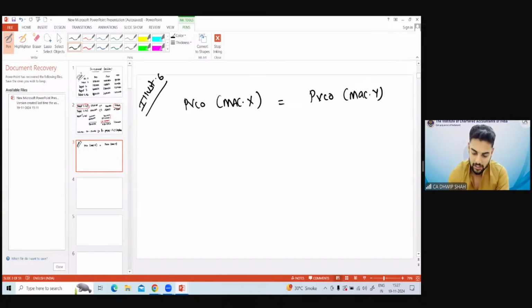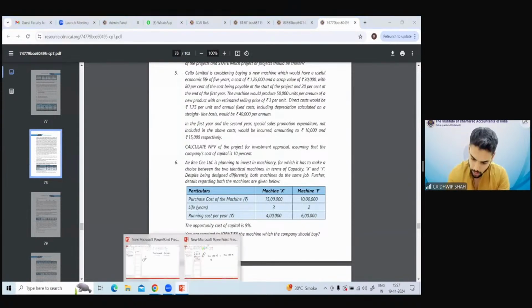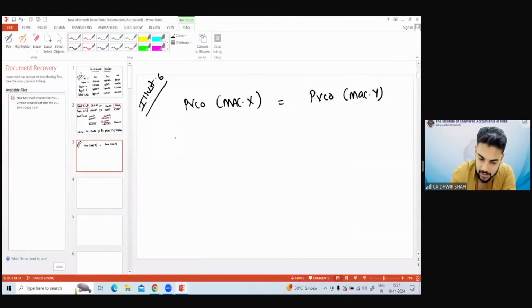Understood? So the first thing to understand in this question is that nowhere in the question they have mentioned anything about the cash inflows generated by this machine. Okay? So our comparison would be based purely on PVCO, and we will select that machine which generates the lowest PVCO. Now, second, if you look carefully again in the question, the life of both the machines is different. याद करो, जब life different होती है, to solve the problem, we have two methods.